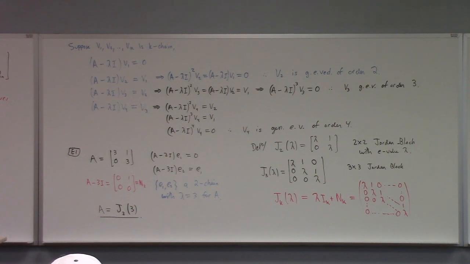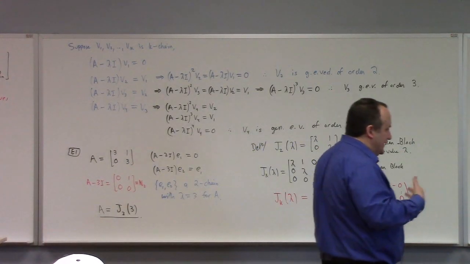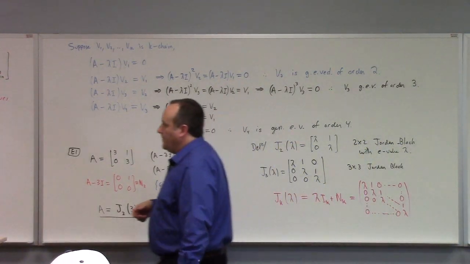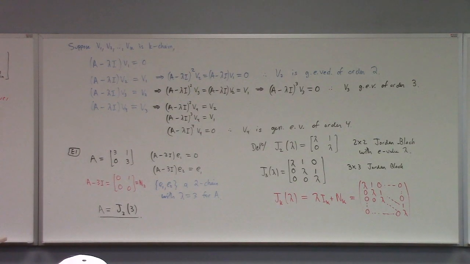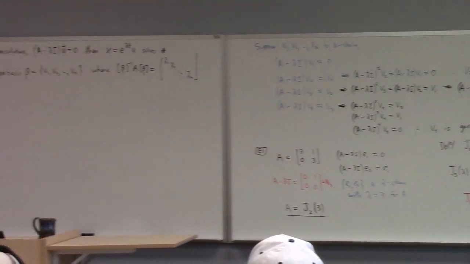So, to put a matrix in Jordan form, what does that mean? Guess I need some more space. All right, you guys have this all memorized now, so we can erase it. I'll present it kind of as a theorem.